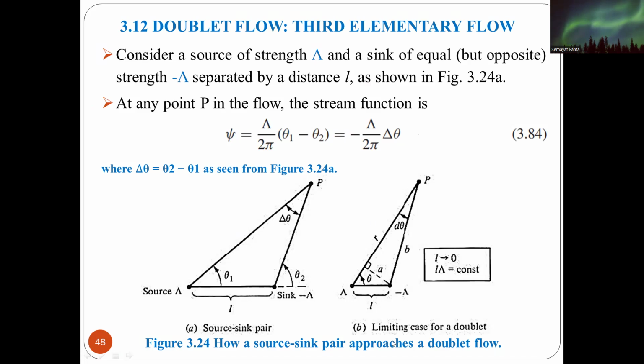Okay, so by considering the limiting case for the doublet, what happened? When L approaches 0, and L times the source strength is equal to a constant.